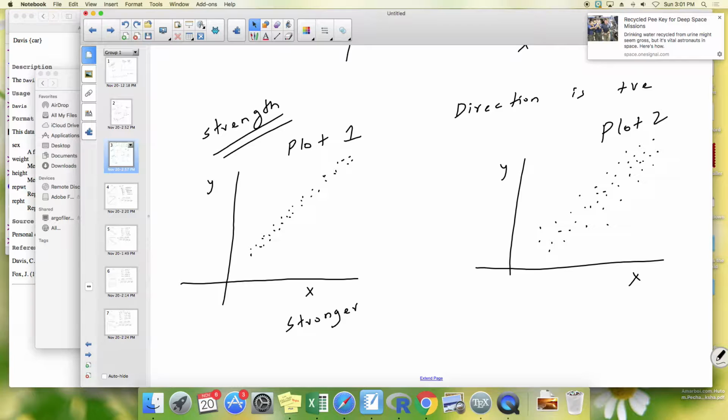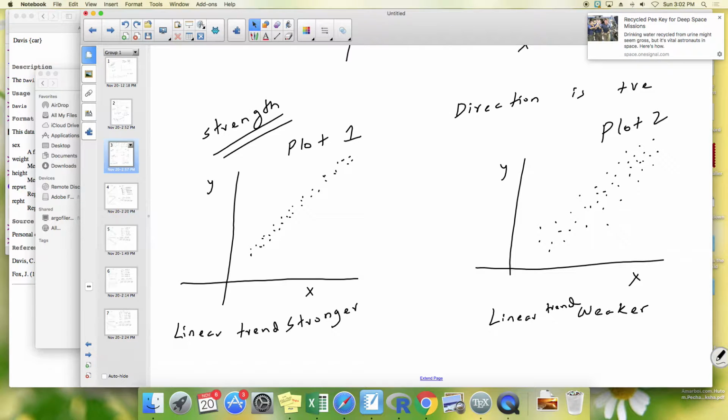What's stronger and what's weaker? Stronger in the sense that here the linear trend is stronger, and here the linear trend is weaker.